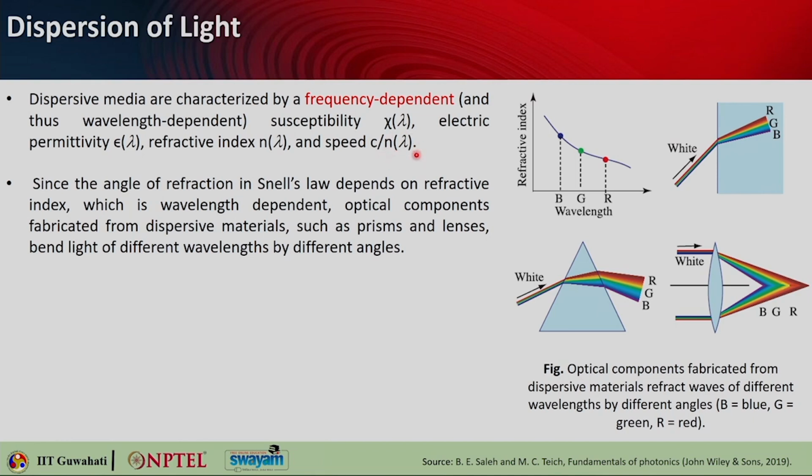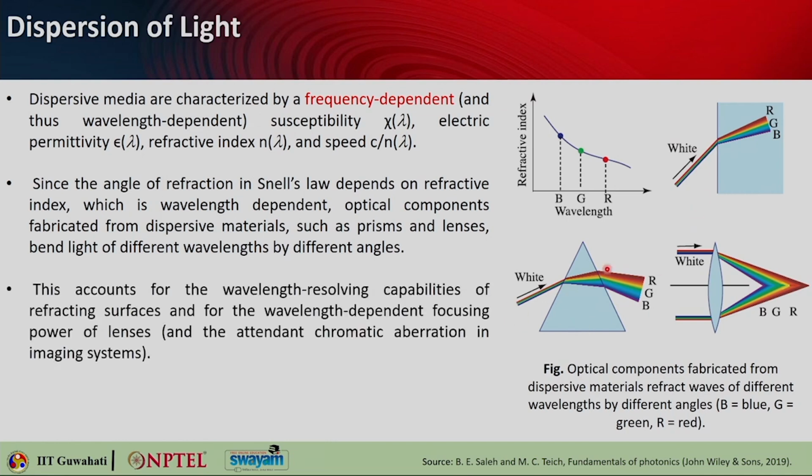So n lambda is different, so the velocity is different, and the angle at which they will bend will also be different. That is how you are able to get this kind of wavelength resolving capability of the refracting surfaces. You can also obtain wavelength dependent focusing power of the lenses, based on this property.